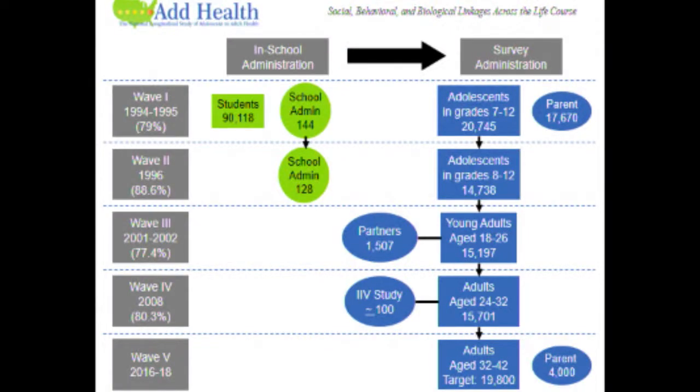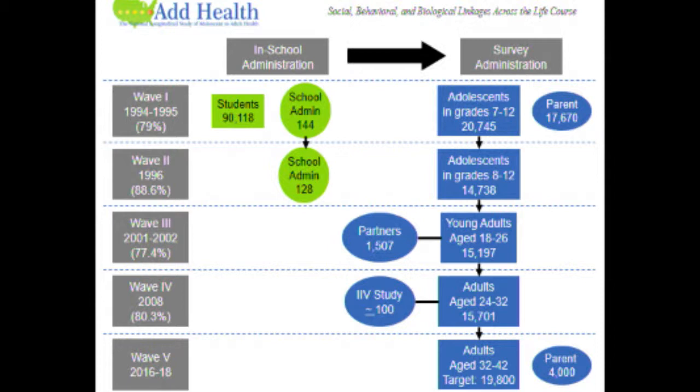So, all right, let's have a couple more slides here just to round out AdHealth and what some of the issues are. This is the longitudinal design. This is wave 1, which I went through.